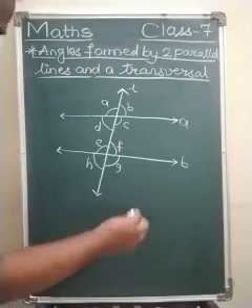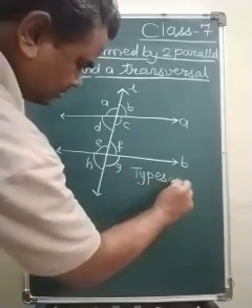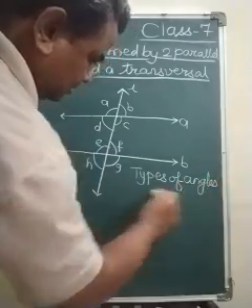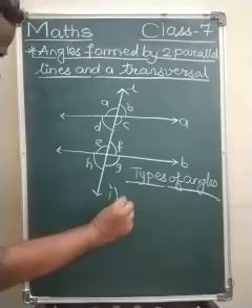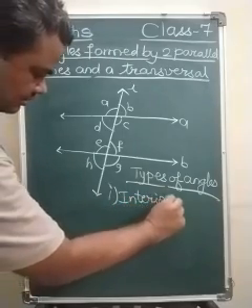Now here, types of angles plus properties also we have to see. The first type of angle, interior angles.